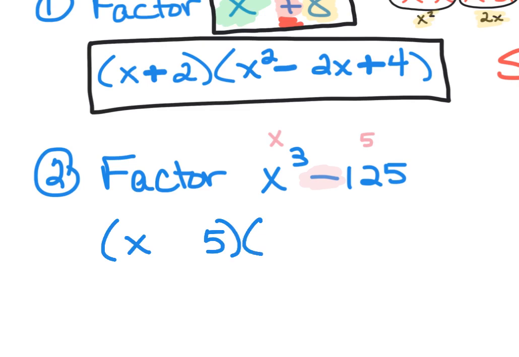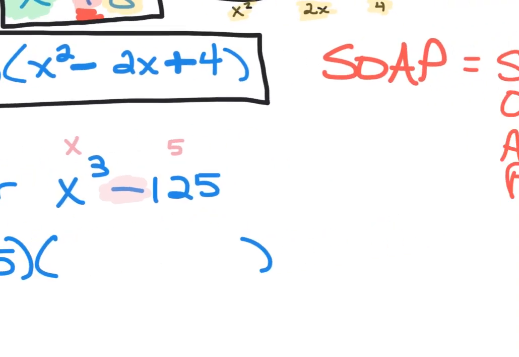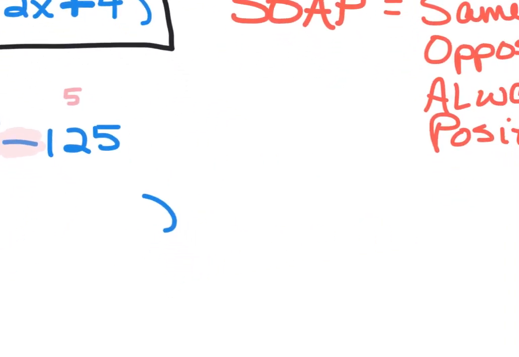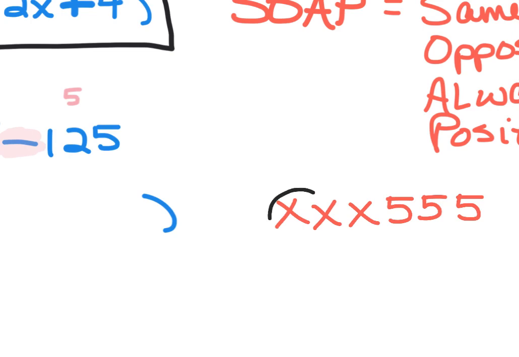And then to fill in the other part of my answer, I'm going to take those cube roots that I found. The x cubed is x and the 125 is 5, and I'm going to write each of them 3 times. So x, x, x, 5, 5, 5, and then I'm going to circle them 2 at a time and multiply.